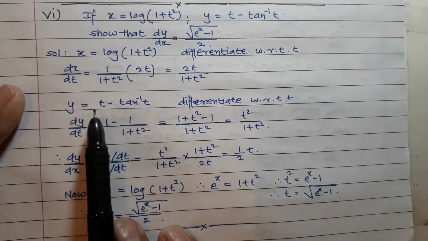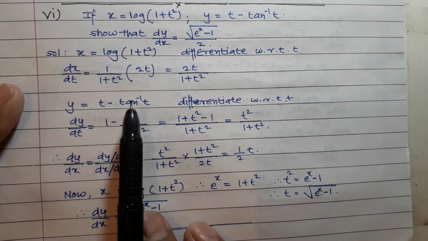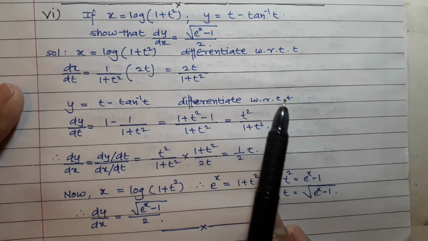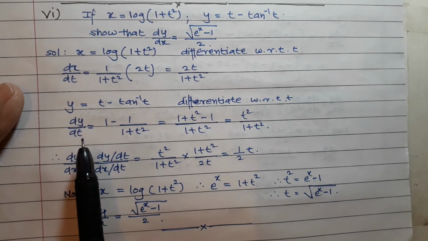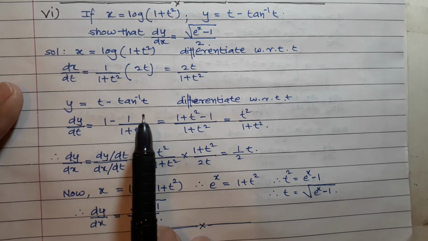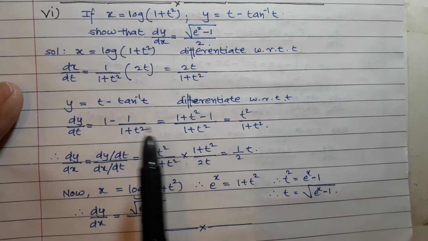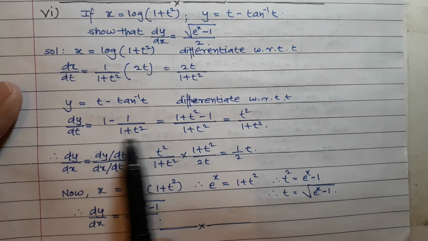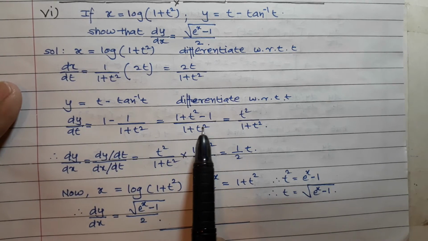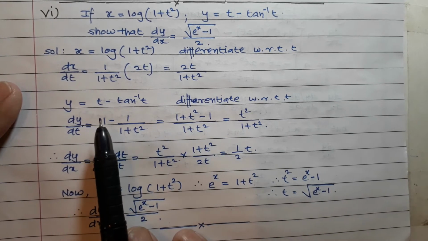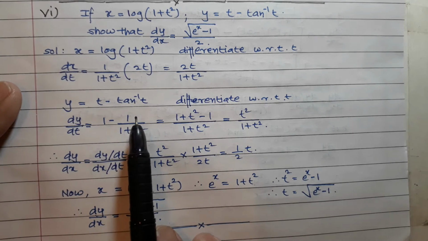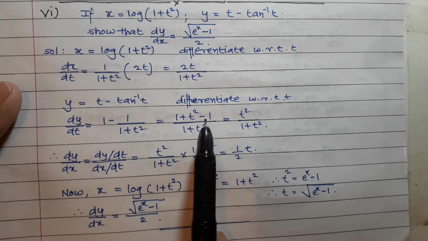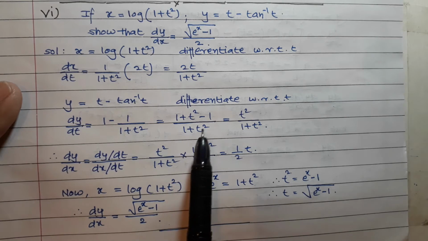Similarly, y is equal to t minus tan inverse t. Differentiate with respect to t. dy/dt is equal to 1 minus 1 upon 1+t^2. If you simplify this, equalize the denominator 1+t^2, multiply here and minus 1. So (1+t^2 minus 1) upon 1+t^2.